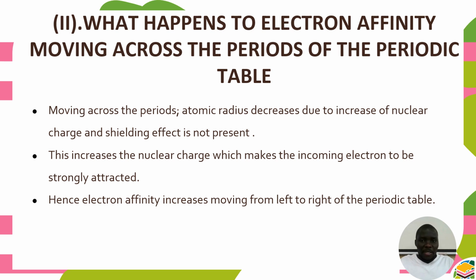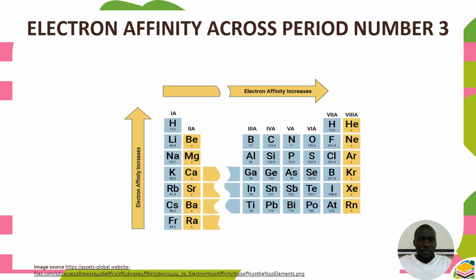If nuclear charge is increasing, it means the valence electrons are strongly attracted to the nuclear charge. This makes the energy levels be pulled inward, reducing the atomic radius. Therefore, the incoming electron is strongly attracted by the nucleus. Hence, electron affinity increases moving from left to right of the periodic table.